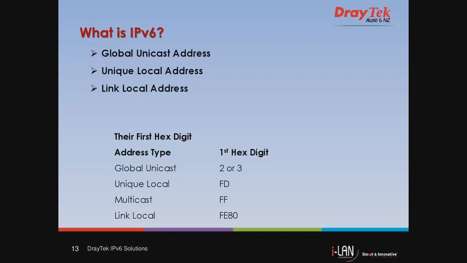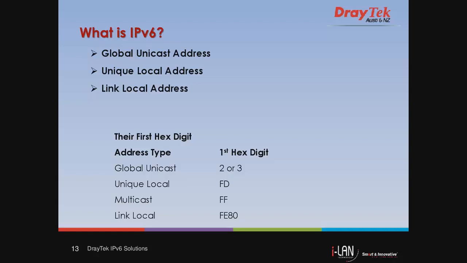Here we can see the IPv6 terminologies used to describe addresses. Global unicast is IPv6 addresses that work like public IPv4 addresses. Unique local is IPv6 addresses that work like private IPv4 addresses. And link local is IPv6 addresses that are valid only for communications within a network segment.